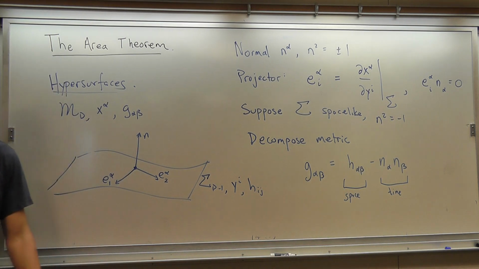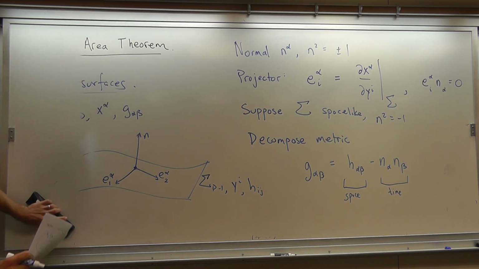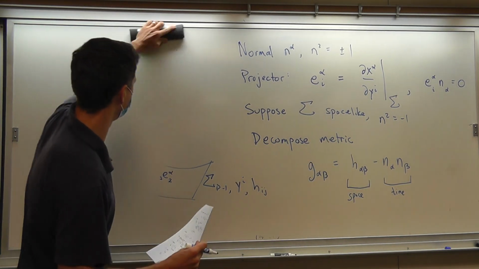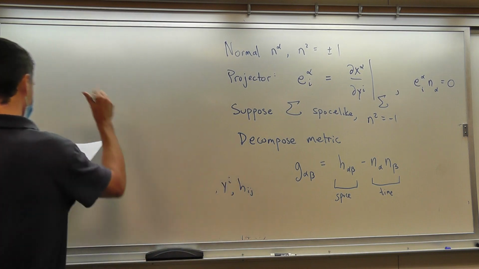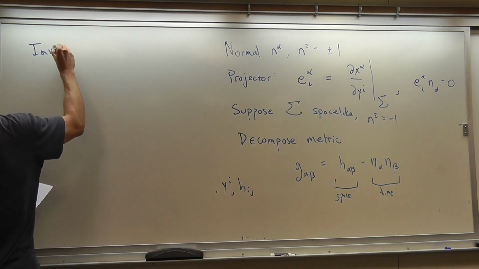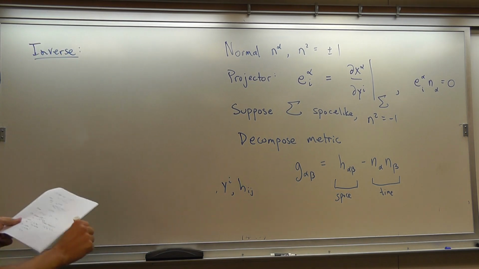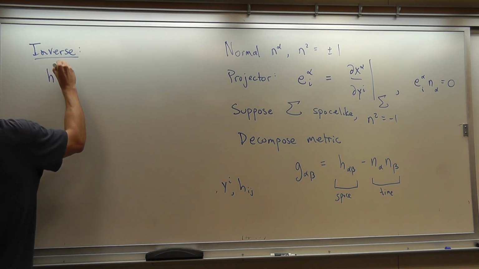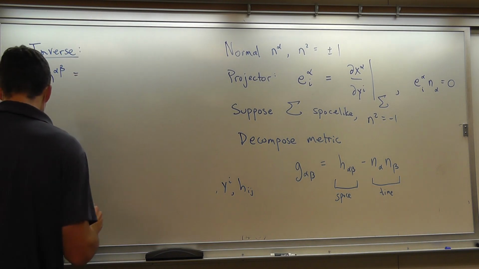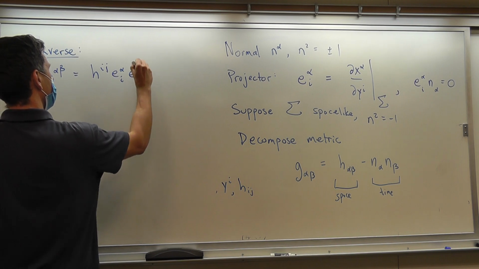Questions so far? Very fast, just formalism. Good. Okay. A useful formula is for the inverse of that relation there. The formula is H alpha beta equals Hij, Ei alpha, Ej beta.